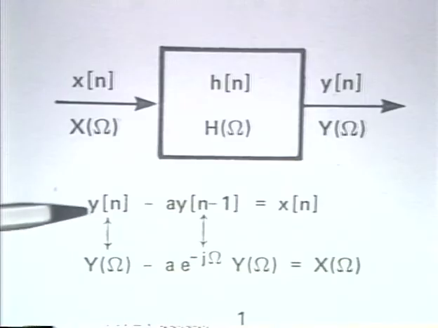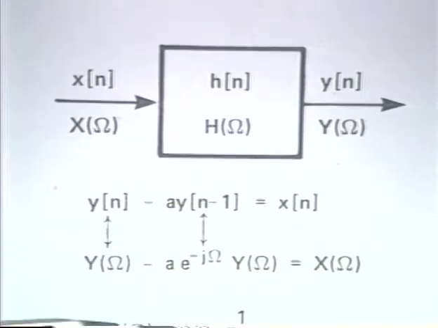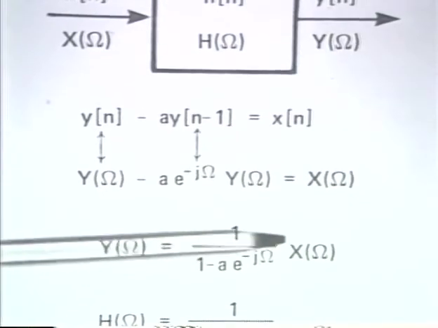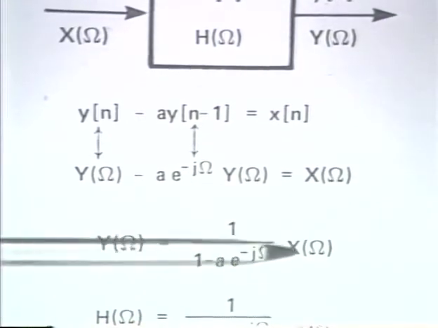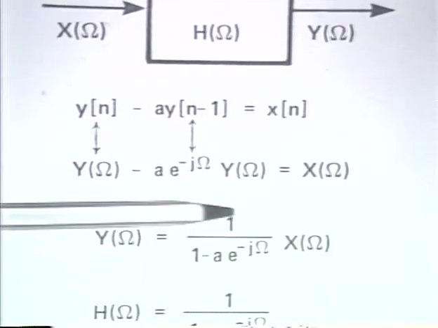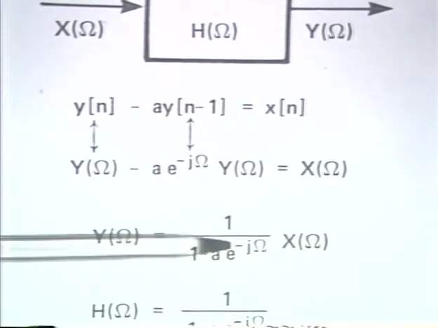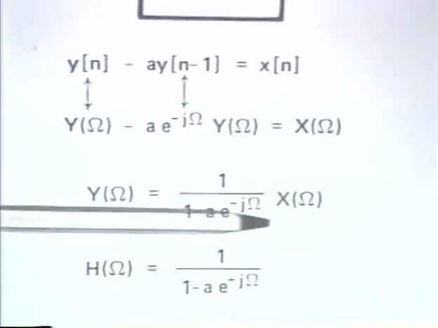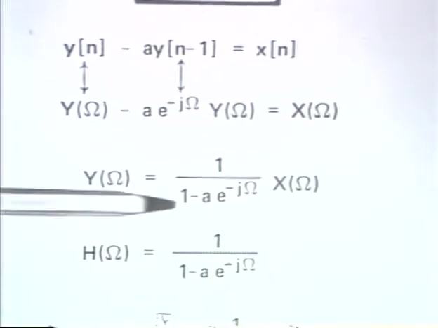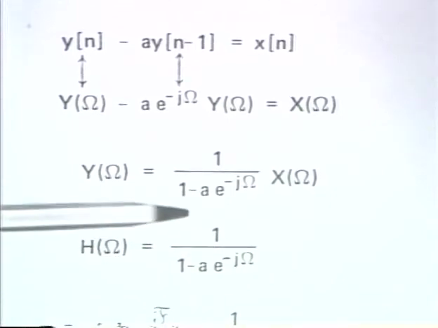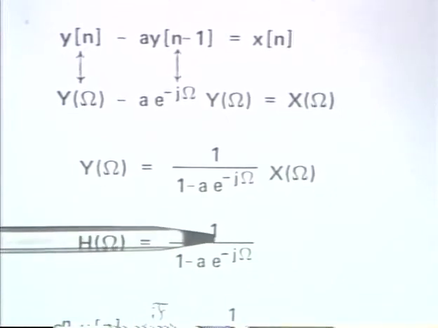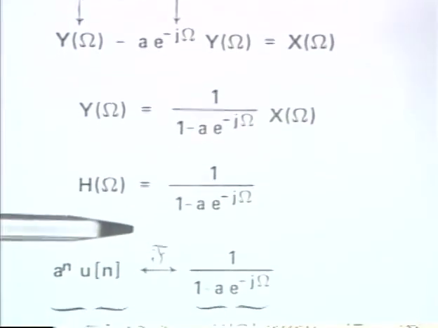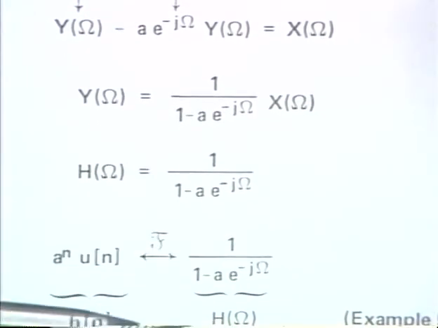Applying the Fourier transform to the difference equation, we will end up with the Fourier transform of the output equal to the Fourier transform of the input times this factor, which we know from the convolution property is the frequency response of the system. So this is the frequency response. And of course, the inverse Fourier transform of that, which I indicate below, is the system impulse response.